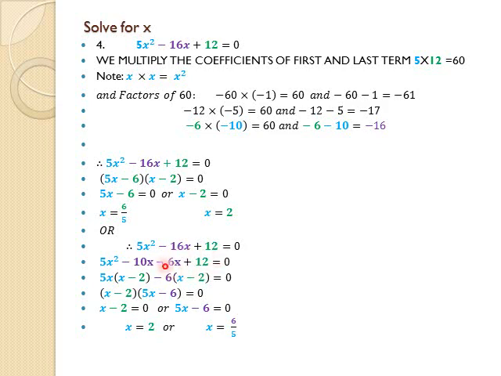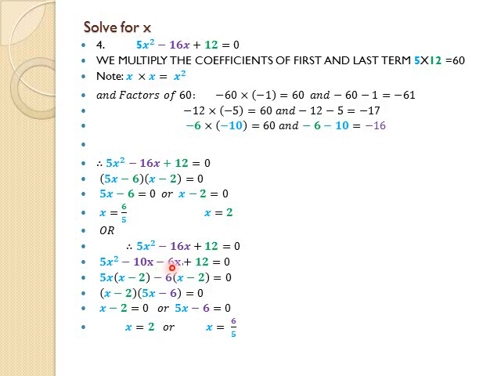Between 5x squared and minus 10x, I assume you can see I can take out 5x as a common factor for the first two. If I take out 5x, 5x squared divided by 5x gives me x, and minus 10x divided by 5x gives me negative 2.